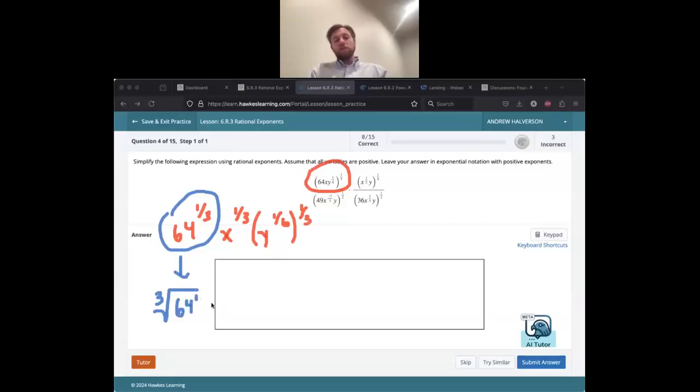Well, that's just 64 then. So what's the cube root of 64? Four. If you ever had a question, do it on your calculator. This thing here, nothing can happen to it. So bring it on down.